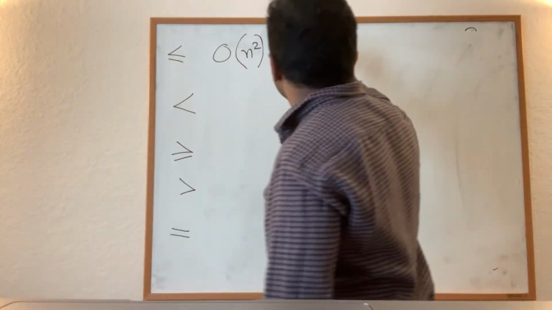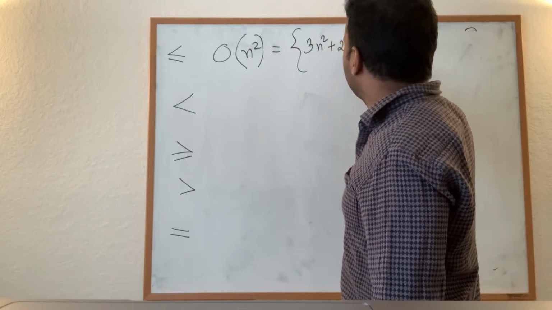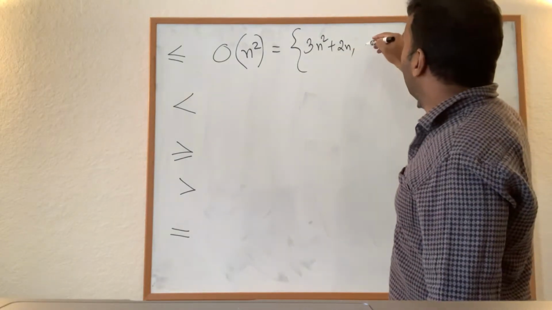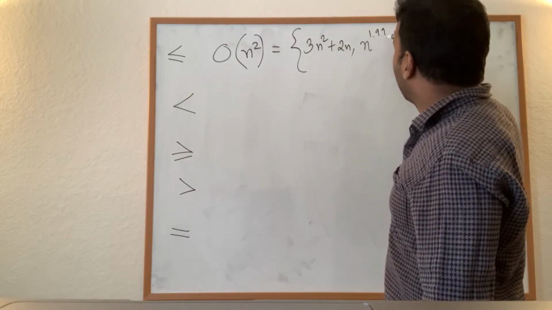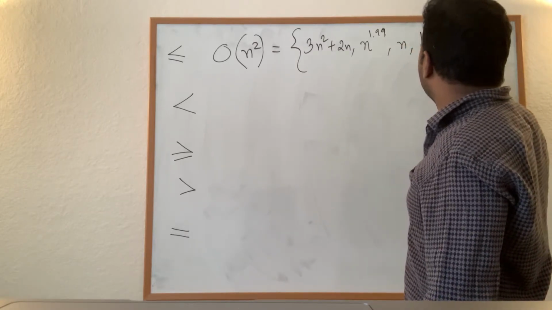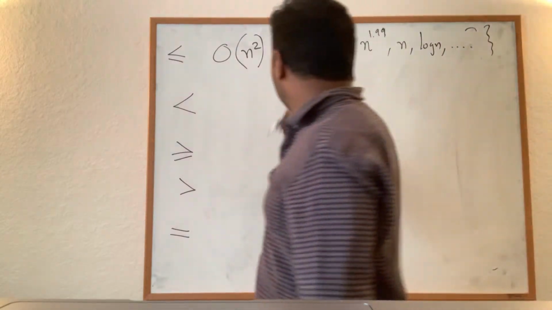So that means this is functions like 3n square plus 2n. The dominating term can be n squared, or it can be n^1.99, or it can be n, it can be log n, etc. But you cannot have n cube here.